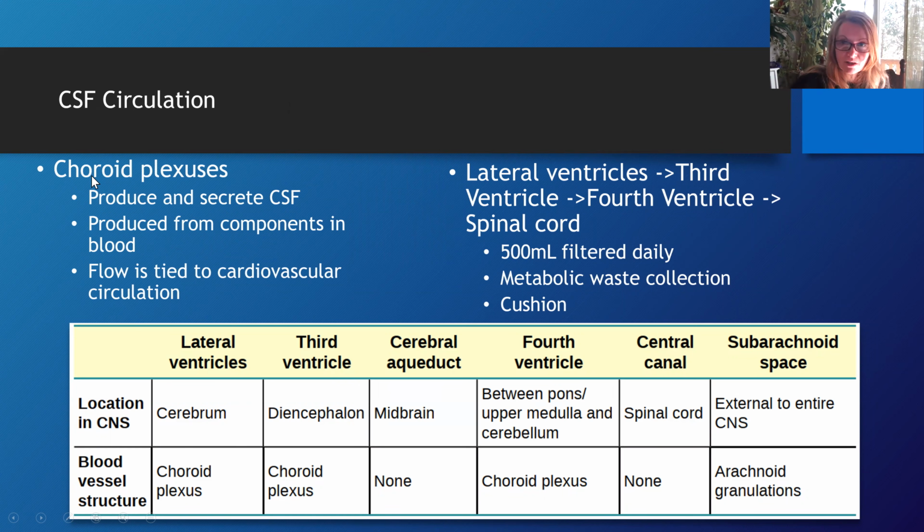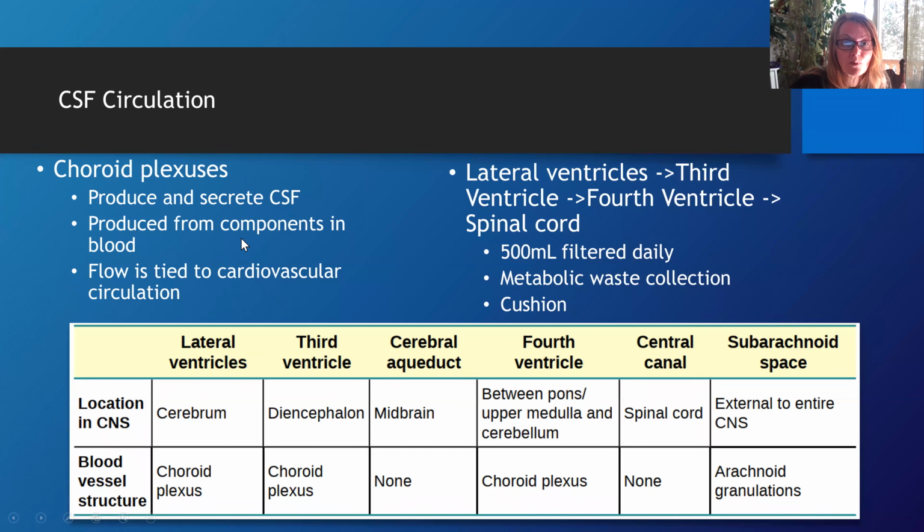We have a structure inside the ventricles that's called the choroid plexuses. And it's a network of capillaries and some cells like ependymal cells. But pretty much it's blood vessels, right? They are modified, they're not exactly the same, but those are blood capillaries. And this is where the CSF is produced, and it's secreted inside the ventricles.